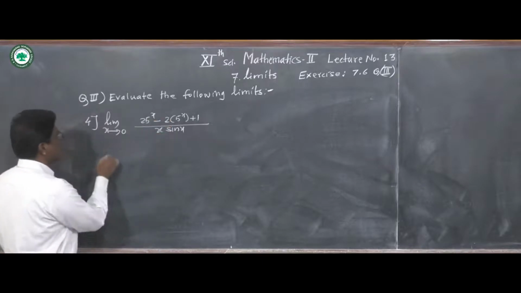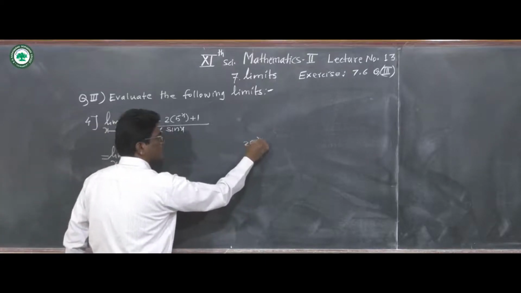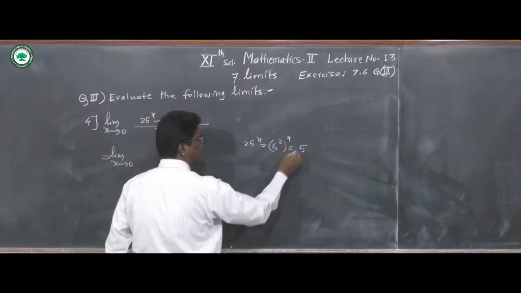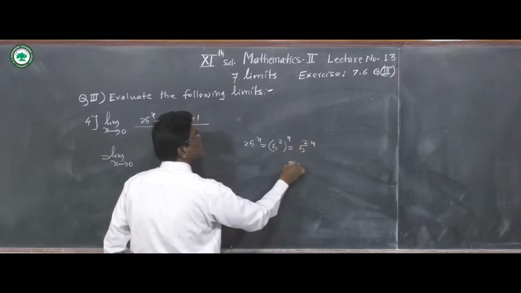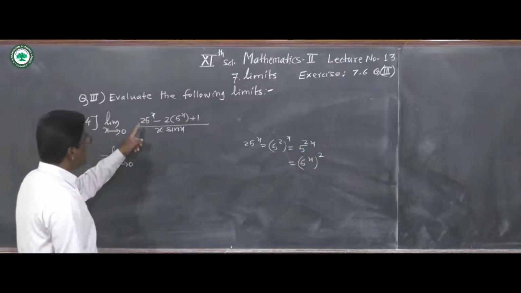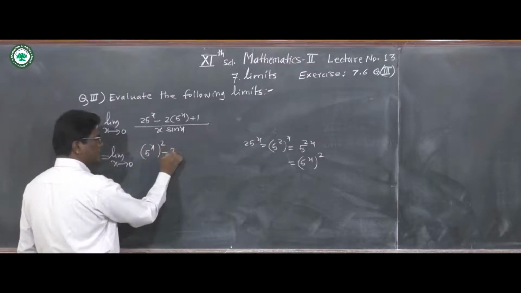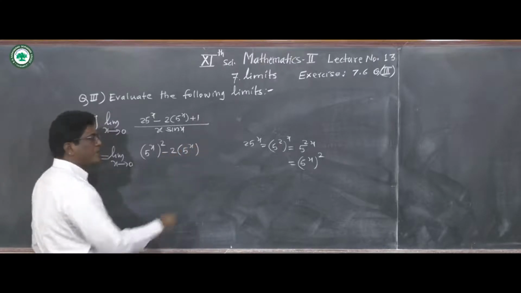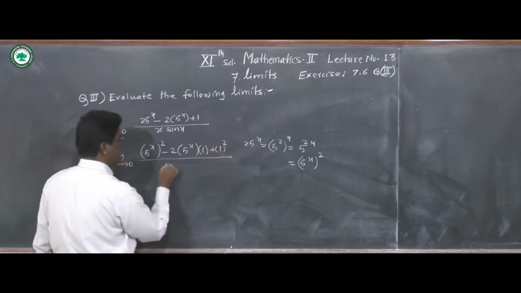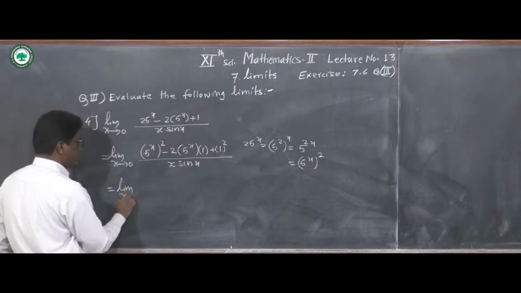So we write the numerator: 25 to the power x as 5 square to the power x, which is 5 to the power 2x, so we write it as (5 to the power x) bracket square minus 2 into 5 to the power x into 1 plus 1 square, divided by x sin x.